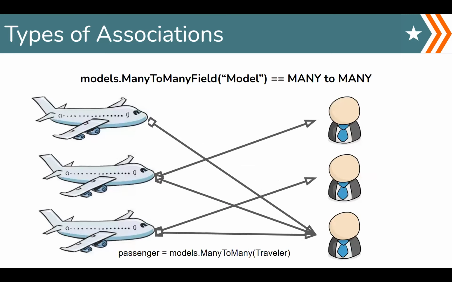And then lastly, we have many-to-many, which is the whole mess. You can connect a bunch of different things to another bunch of different things. You can have one plane having many passengers, and you can have one passenger being on or having tickets for many planes. So those are the three types of fields that we're going to be dealing with in our Django models. Are there any questions about the three fields before we go into some actual examples?